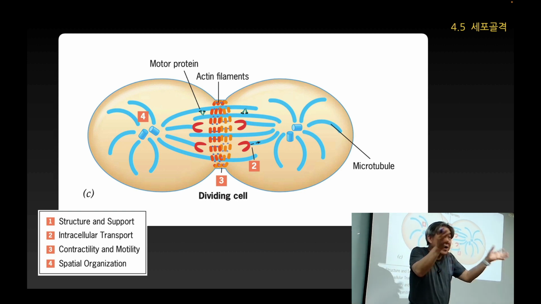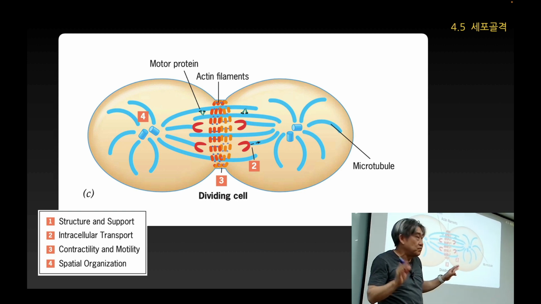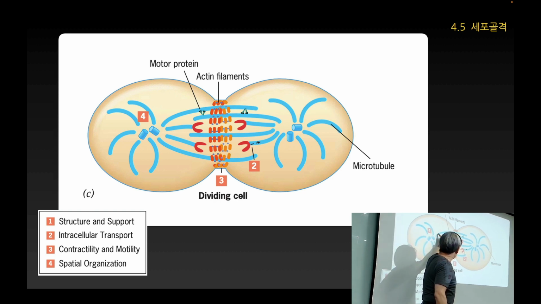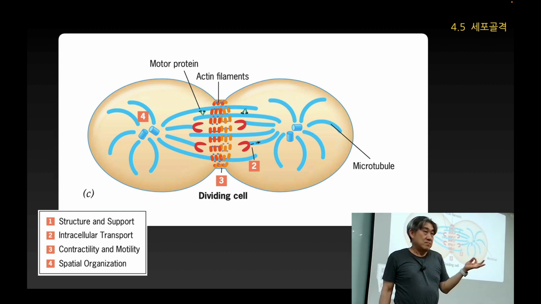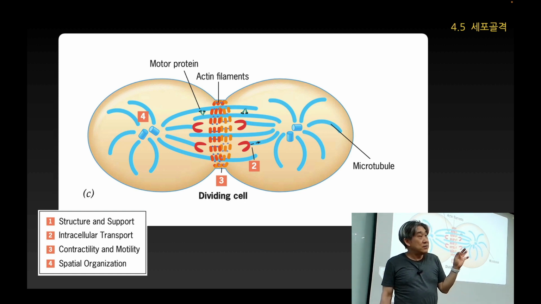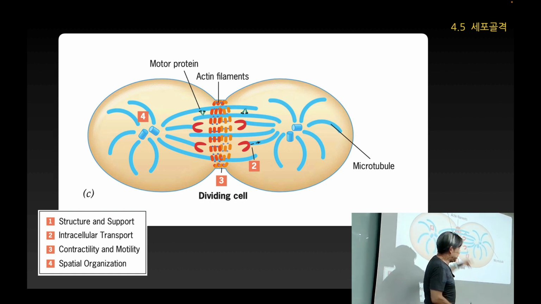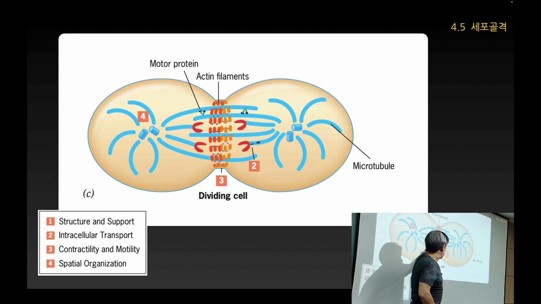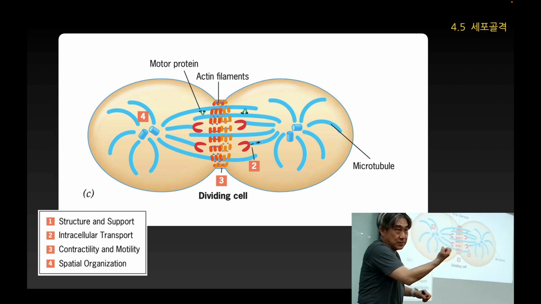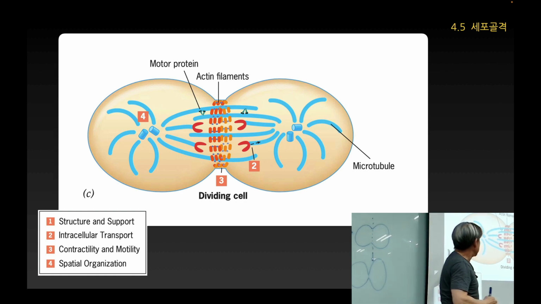How are you going to separate these two chromosomes? Here, these sky blue lines represent the cytoskeleton, another type of cytoskeleton. Each attaches to an individual chromosome and then pulls.